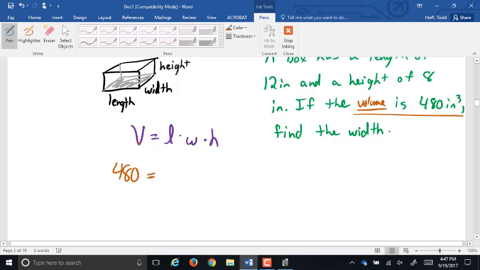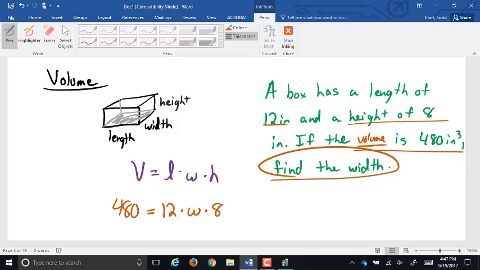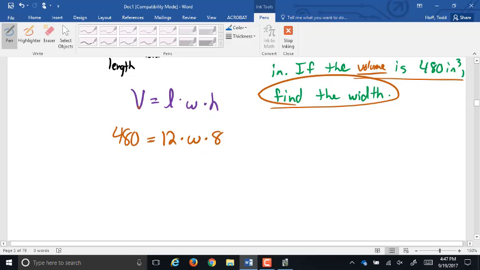Do we know the length? Length is 12. Do we know the width? No, the width is what we're trying to find. Do we know the height? Height of 8. We better know the height because we can only have one thing unknown if we're going to solve these equations.